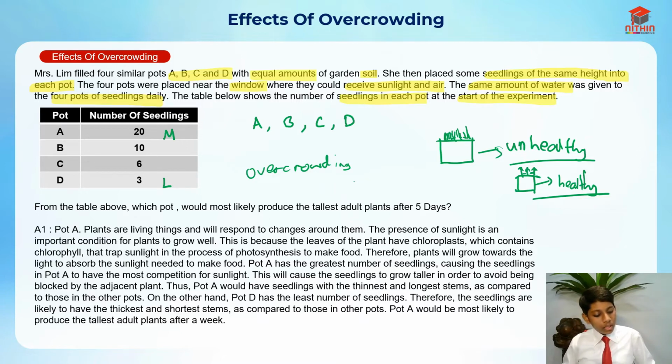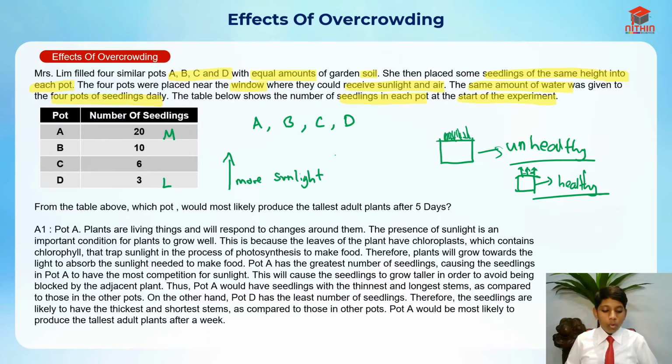So when there's competition, right, basically, the plants will grow taller in order to receive more sunlight. And this occurs because of overcrowding. And which one has the most amount of overcrowding is the one which has the most number of seeds. So basically it is pot A. So pot A will have the tallest adult plants after 5 days.